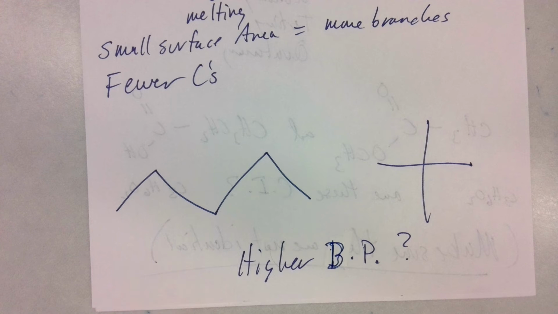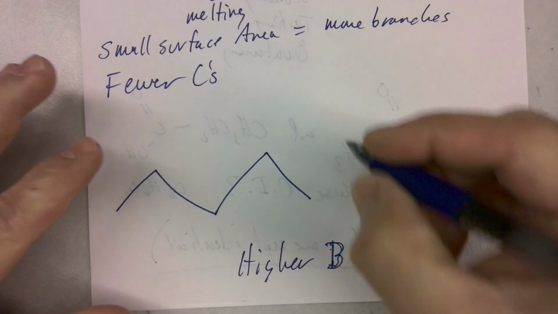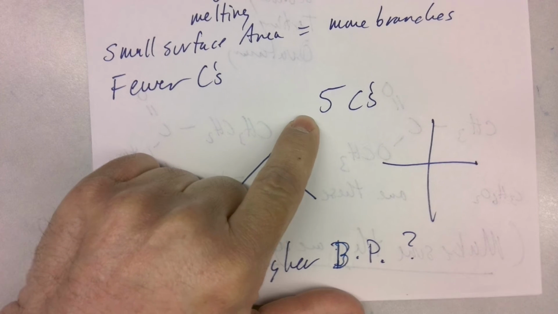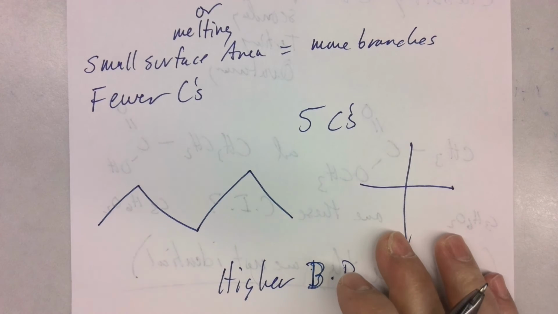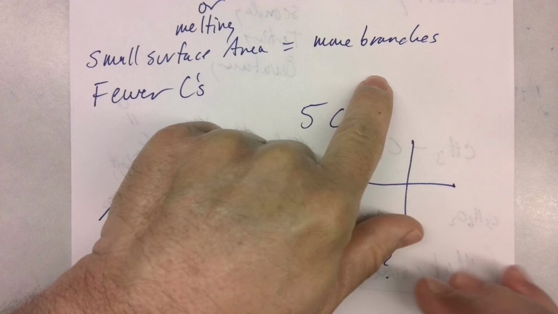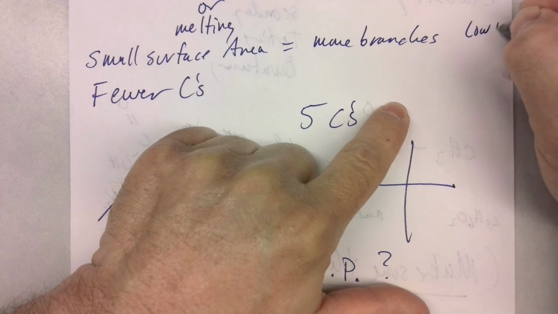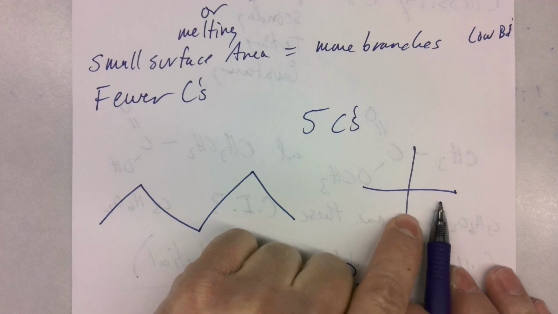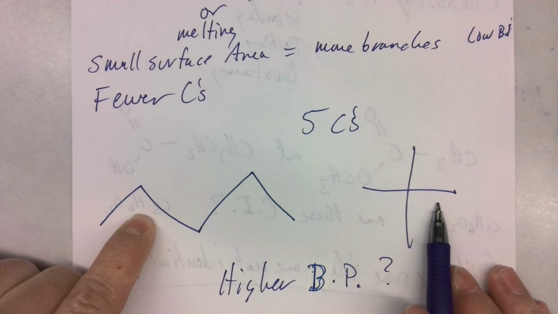Because they both have how many carbons? They both have 5 C's. So I can't use that, because they both have 5 C's. So I go back to small surface area: more branches means a lower boiling point. Clearly this one has way more branches than that one does.